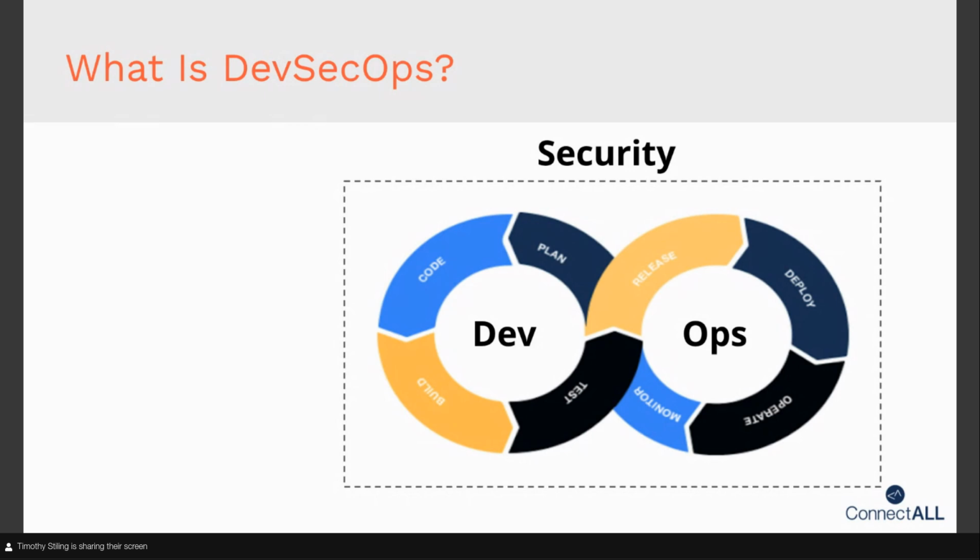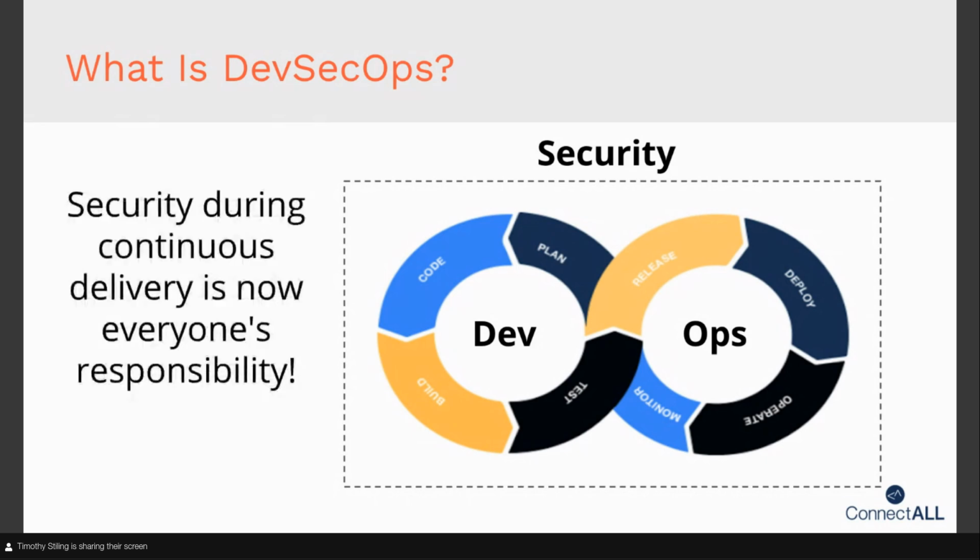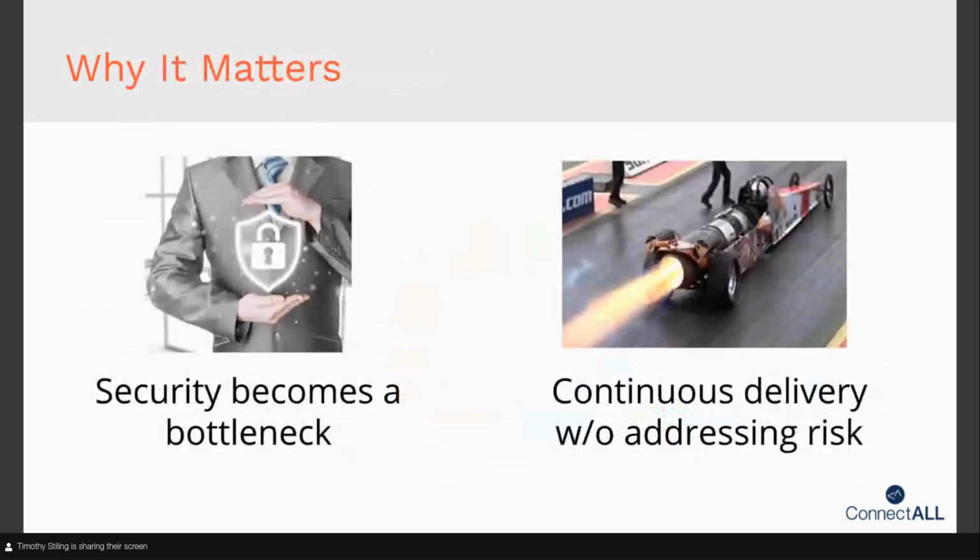And so as we think about DevSecOps, it's not necessarily as simple as tacking on another circle to the idea of DevOps. Security and maintaining security and considering security needs to be done at every single stage of the DevOps pipeline. So therefore, as we think about continuous delivery, security needs to be everyone's responsibility. And in that, security also needs to assist in the DevOps goals of increasing velocity and reaching continuous delivery.